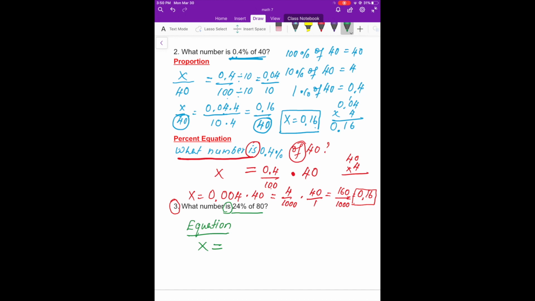24% means you can either write 24 over 100 or 0.24. That is the decimal form. Of means multiplication and 80. So you just need to multiply 0.24 by 80. That is the equation. So when you multiply, you can just multiply 24 by 8, or 80. So 24 times 80. So I have an extra 0, that 0 from 80.